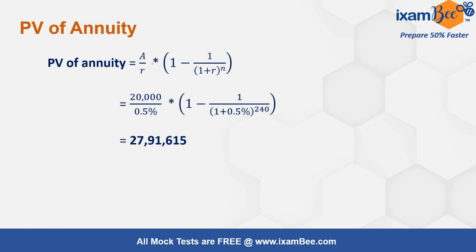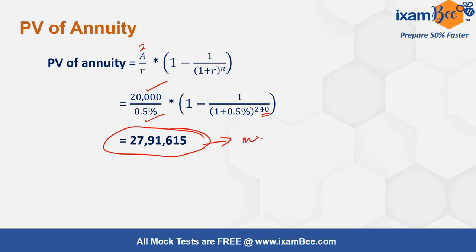That single formula is A, which is your annuity payment of 20,000, divided by r, which is your interest rate as per the discounting that has been done on a monthly basis, and then my number of periods is 240. So A by r into 1 minus 1 divided by 1 plus r to the power of n is the present value of my annuity. When we calculate this, we will get around 27,91,000.